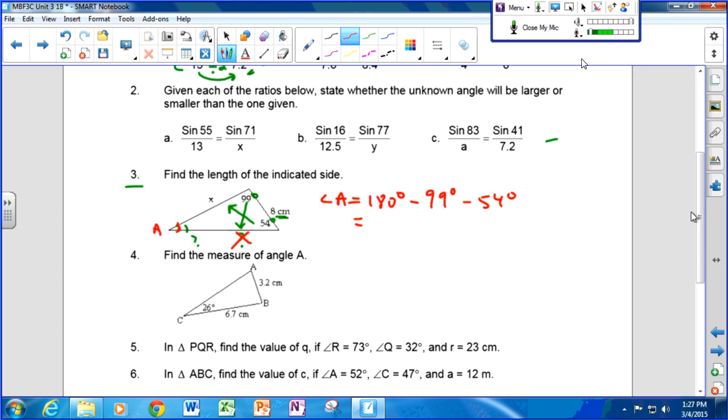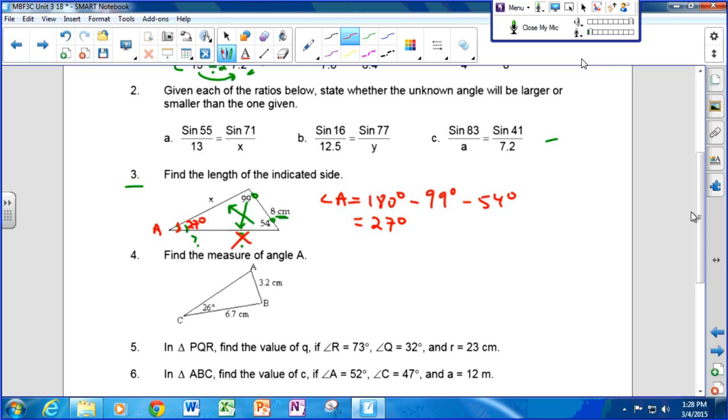The thing about this grade 11 college prep math is that they're not just giving you everything you need. In some cases, they're asking you to work a little bit and use other things you may know to solve the problem. So we have 180 minus 99 minus 54, and I end up with 27 degrees. So A is 27 degrees.